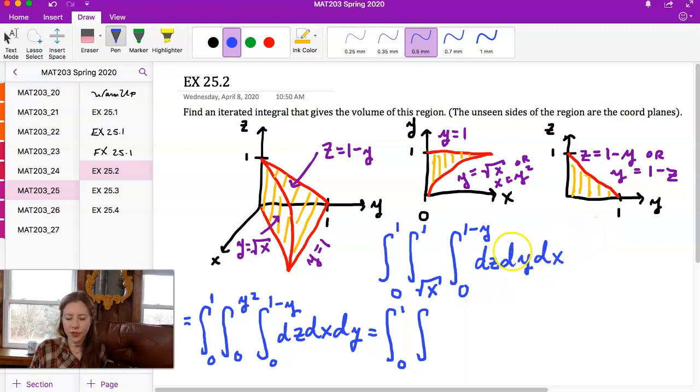So y in terms of z is going to go from 0 to 1 minus z. And then x is going to go from 0 to y squared. So this was dx, dy, dz.